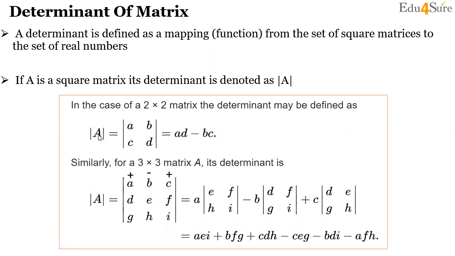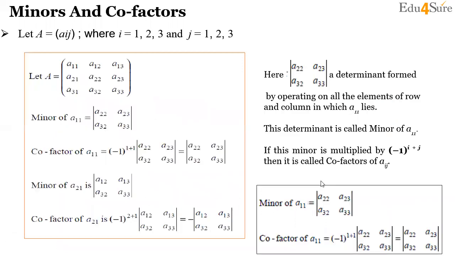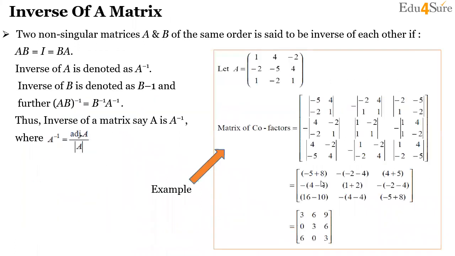Suppose the name of the matrix is B, then it will be written as B here. If it is 3 cross 3, then, as you find the minor, you hide this row and column for the particular element and find this difference, as you can see here. I've already explained it in my previous lecture.